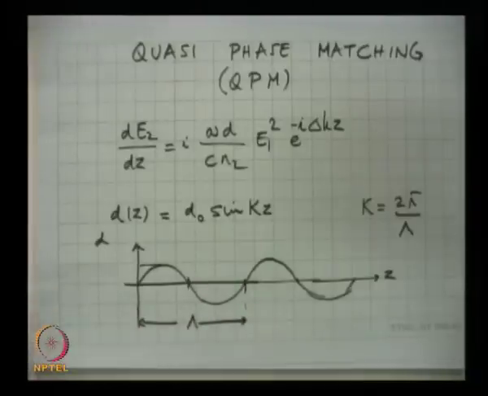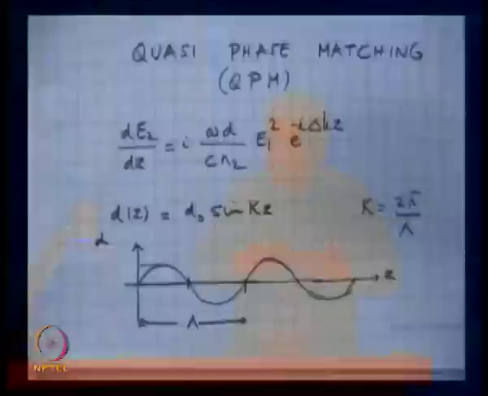Every time the nonlinear polarization and the electromagnetic wave get out of phase by pi, I force them back in phase by reversing the sign of d, which essentially changes the polarization by a factor of -1, because P nonlinear is proportional to d. So, when I change the sign of d, I change the sign of nonlinear polarization, which means I add or subtract a phase difference of pi, which means I bring them back in phase.